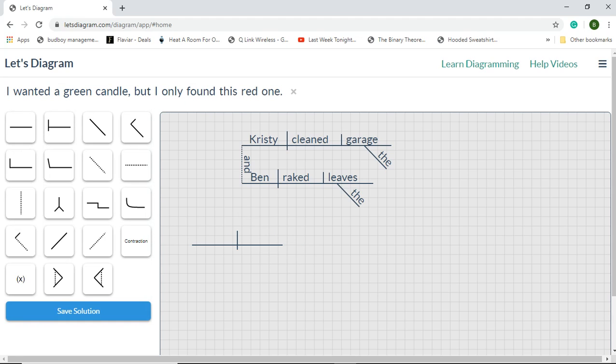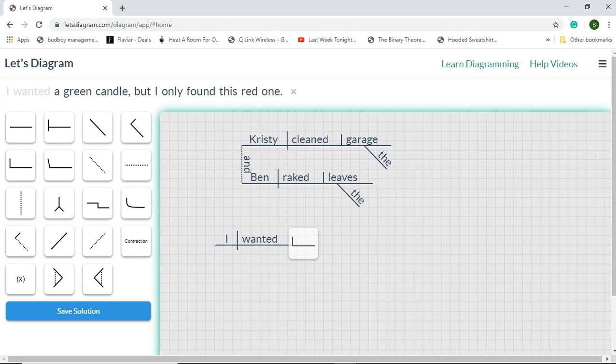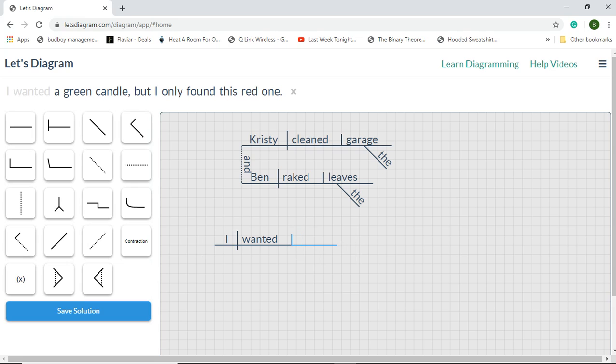I find the subject of the first clause, which is the pronoun I. What's the action? I wanted something. Wanted is our verb, a transitive active verb. What did you want? A candle, which is our direct object.